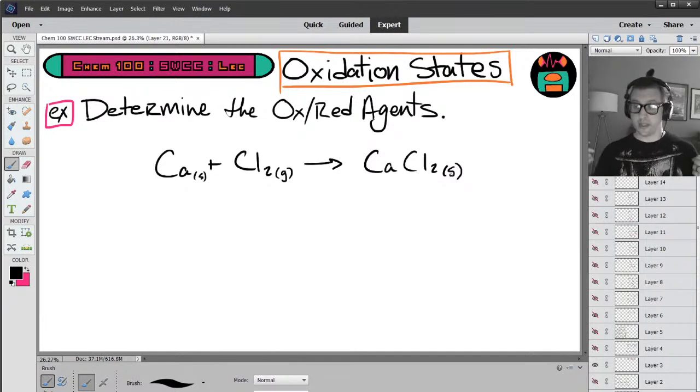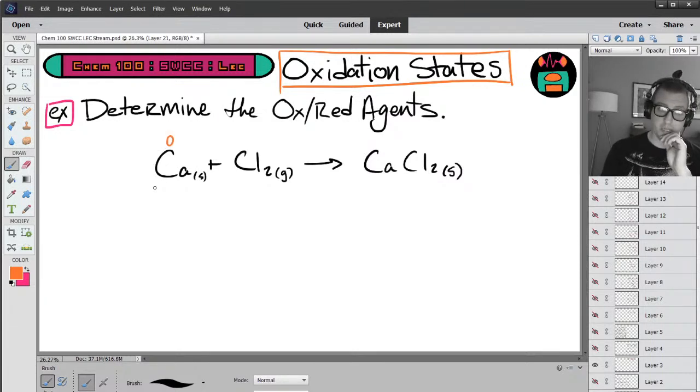So all the stuff that we learned leading up to this is going to apply. Let's dive right in. So calcium is going to have an oxidation state of 0 on the reactant side, because it is the only element present in this species and it has a charge of 0.